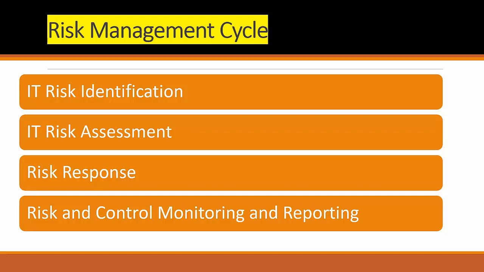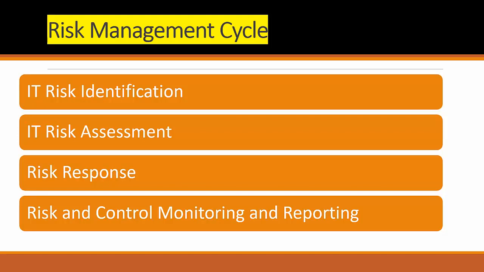You can say the entire CRISC syllabus is captured in these elements only. The entire exam is based on these four elements. These are the four important elements we have for risk management.